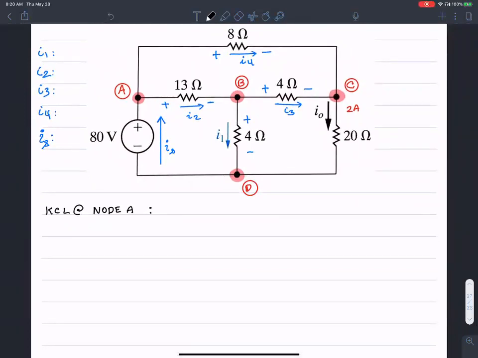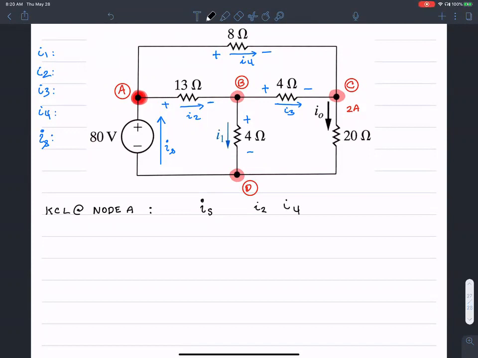The easy way to remember KCL is this: at this particular node A, look at all the currents that are coming into the node. IS is the current coming into the node. And what is the current flowing out of the node? I2 and I4.